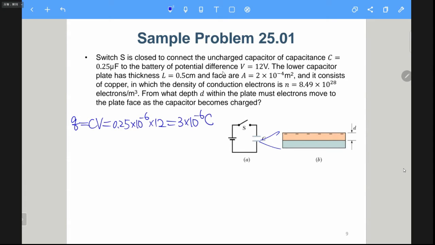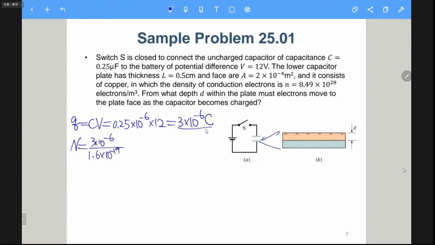And then capital N is the number of electrons, which is the charge divided by the elementary charge, 1.6 times 10 to the minus 19.